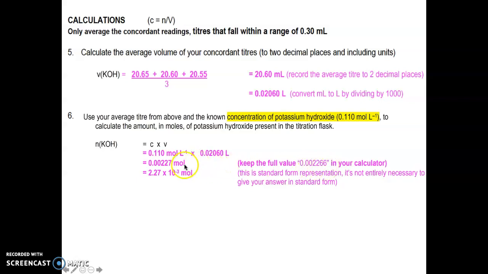It is good practice to record your answer to 3 significant figures with units. It's also good practice, but not entirely necessary, therefore not required for excellence, to give an answer in standard form. I am happy for you to keep it in this decimal value if that is what you're comfortable with.